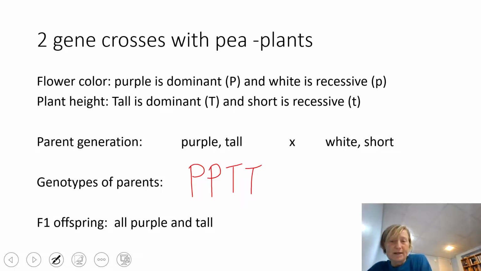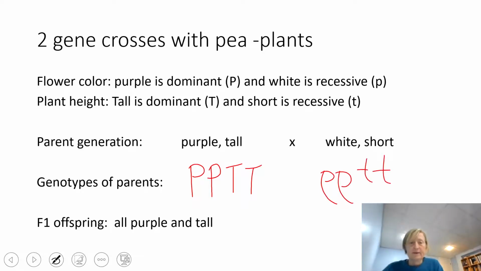The short white parent would have 2 little P's and 2 little T's. And each of these are homozygote for both traits. I would say the purple tall parent is homozygote dominant for both traits, and the white short parent is homozygote recessive for the 2 traits of flower color and height.